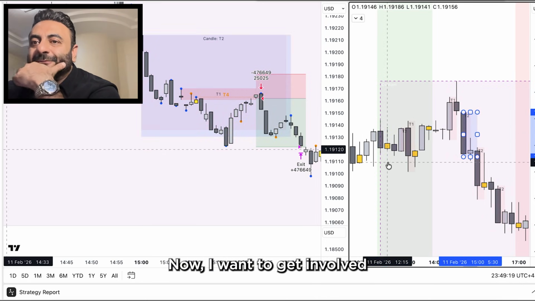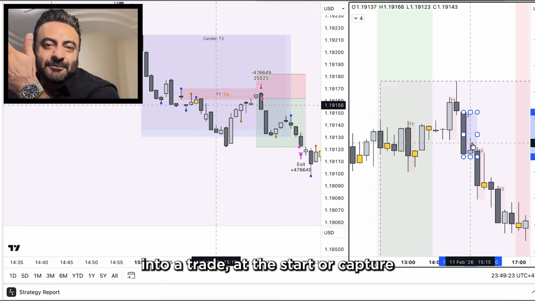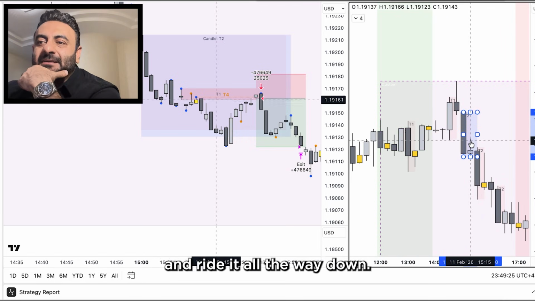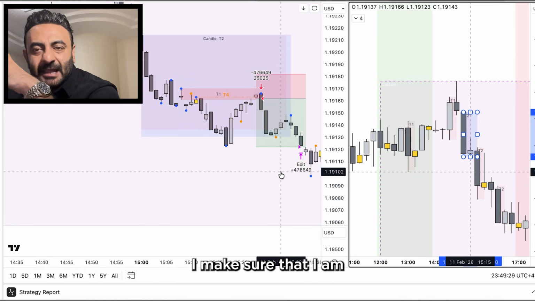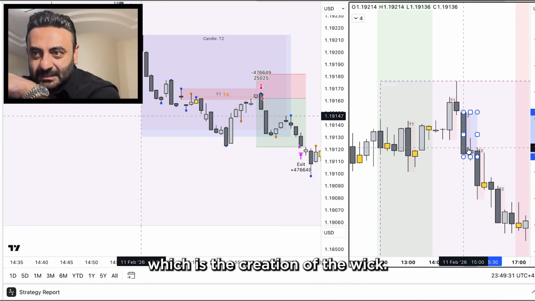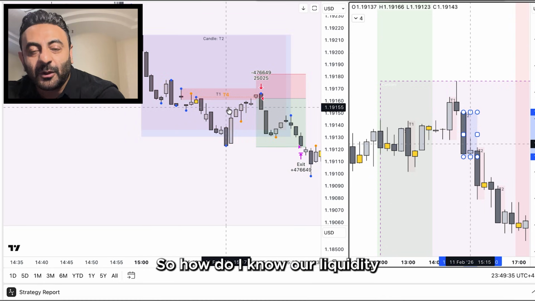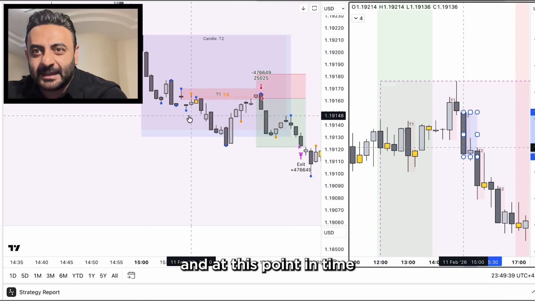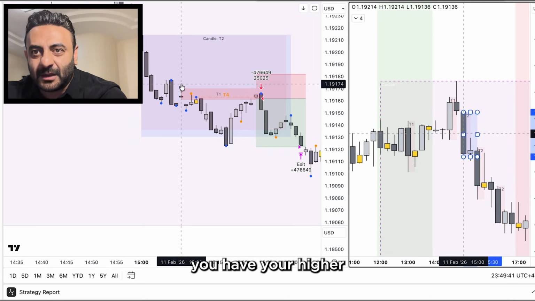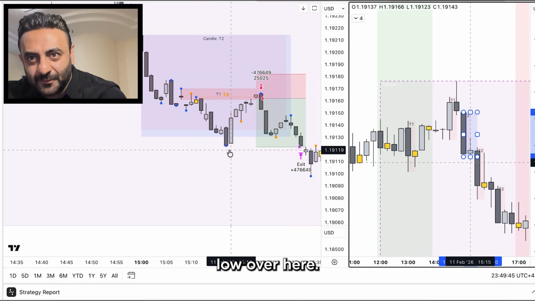Now, I want to get involved in a trade at the start, or capture the wick of the second candle and ride it all the way down. How do I do this? I make sure that I am waiting for a pullback, which is the creation of the wick, and I'm waiting for liquidity being swept. How do I know liquidity is being swept? As I told you, there is internal and there is external. At this point in time, you have your higher high, higher low, higher high, higher low over here.